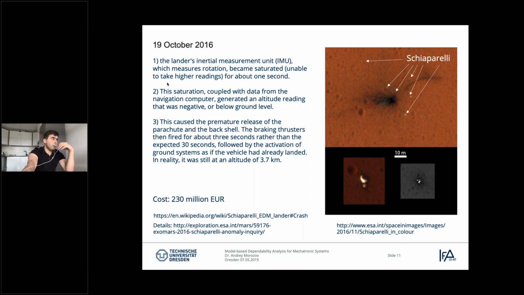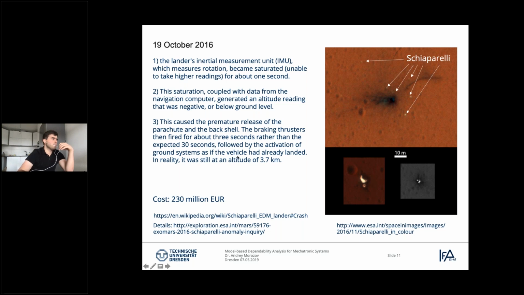Because of this, the vehicle thought, okay, I'm already landed, and it cut off the parachute and the back shell, which you saw in the video. The braking thruster was then fired for about 3 seconds rather than 30 seconds, because it thought it was already on the ground.